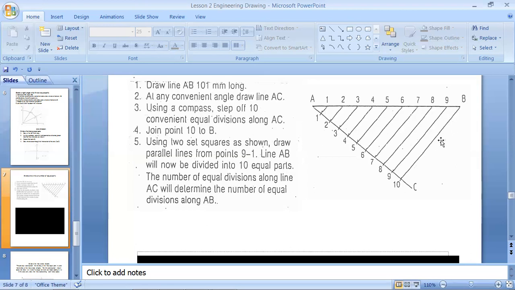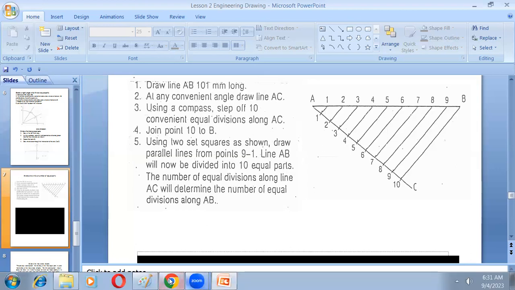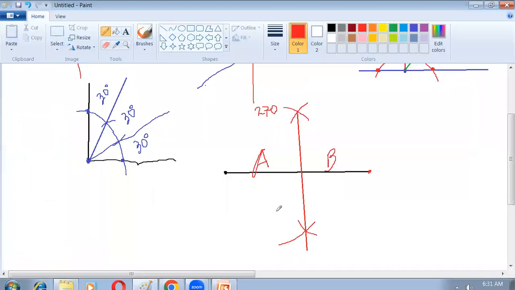In order to understand the use of 2 set squares, let me sketch the position of the set squares here to get a little better understanding of it.